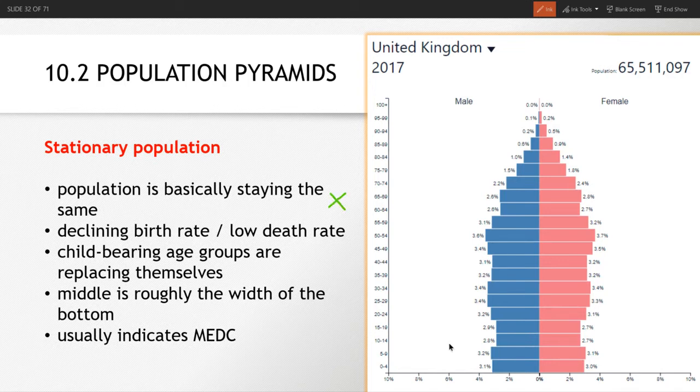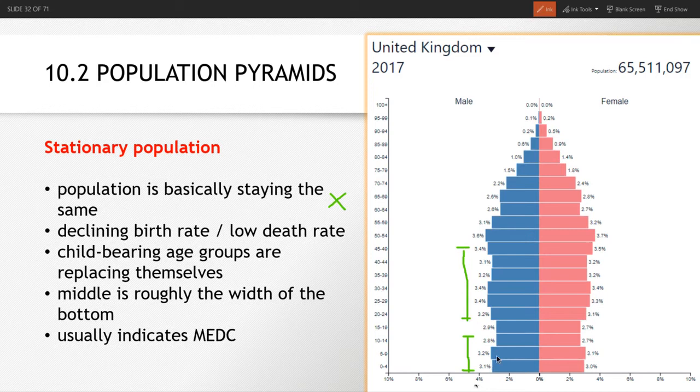We know that because compared to our last graph, the birth rate is going to be quite lower. We can see that both for males and females, there's a fairly low number of births. But the key thing to help us determine that it's a stationary population is that the number of births is roughly equal to the number of people who are old enough to have kids.